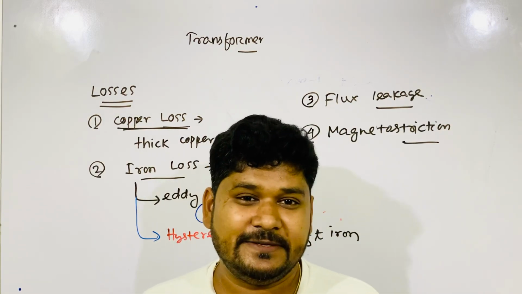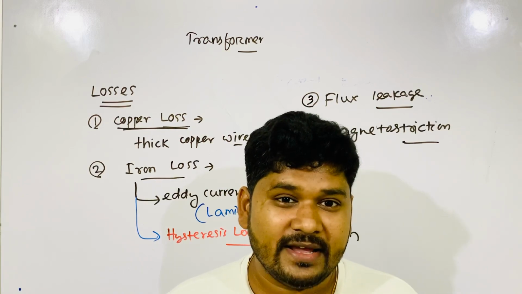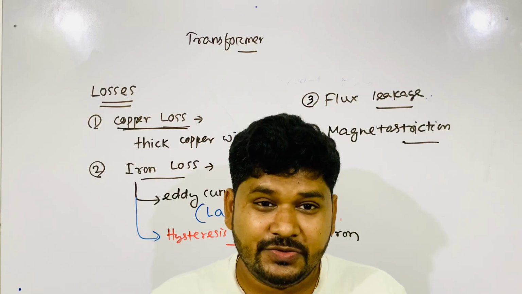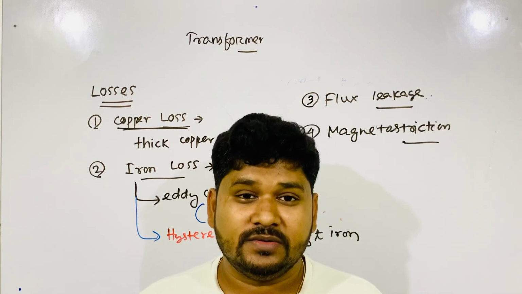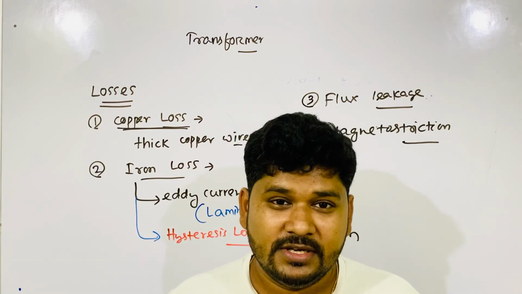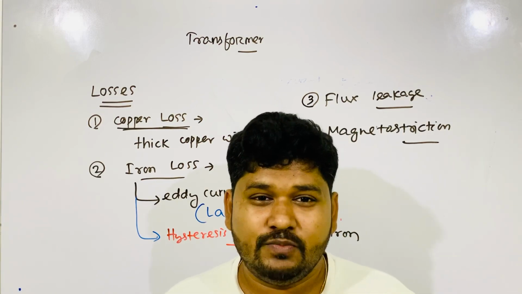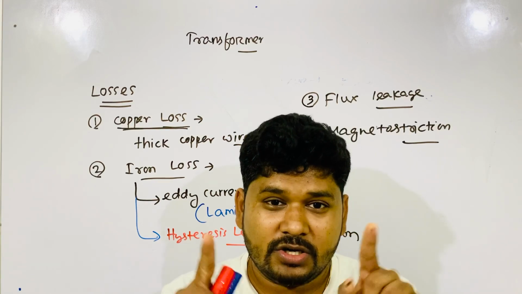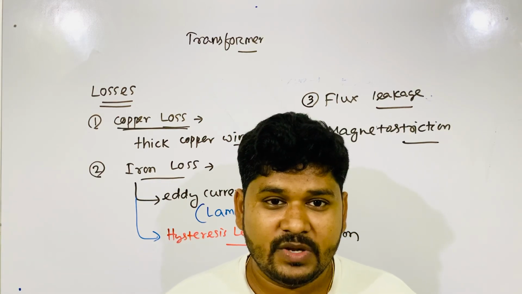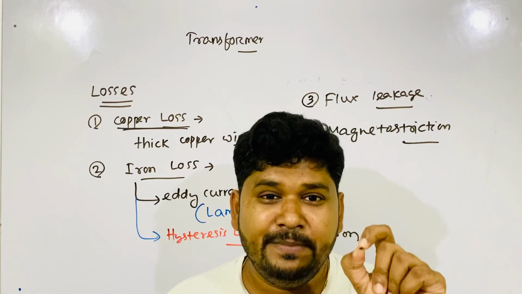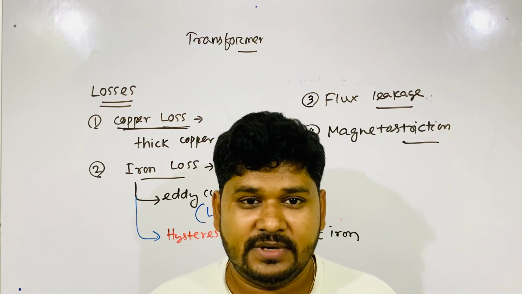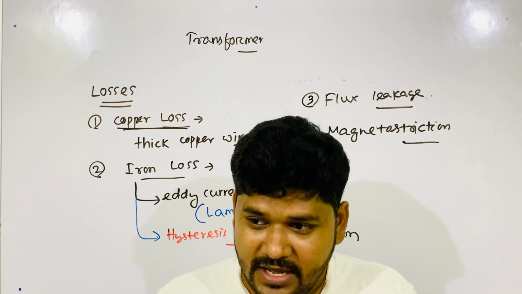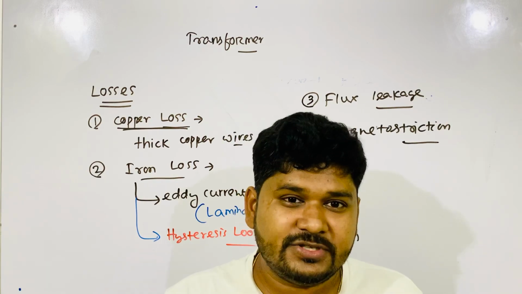From that transformer. Why? When the transformer becomes very old, the nuts and bolts that connect it become a little loose, so the core vibrates. When the core vibrates, that humming sound comes, and where does the sound energy come from? Our supplied electric energy converts to sound energy.